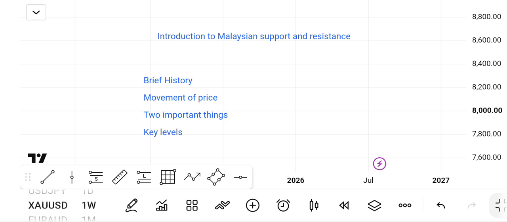We then discovered that in Malaysia there was a unique way that they trade the support and resistance, and it's what we call price bouncing off from key levels.